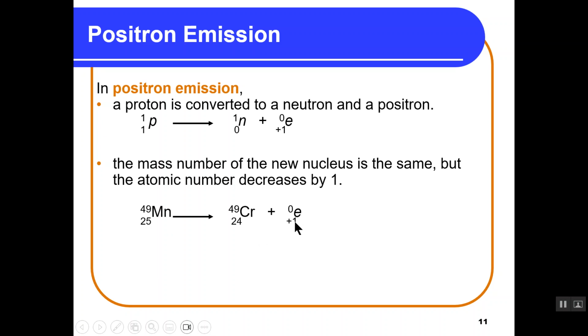When it produces a positron, the mass number doesn't change, but the atomic number decreases because 24 plus 1 will give you 25. And that corresponds to the element chromium, all right? So that's what happens in the case of positron emission. The atomic number decreases by 1, but the mass number does not change, all right?